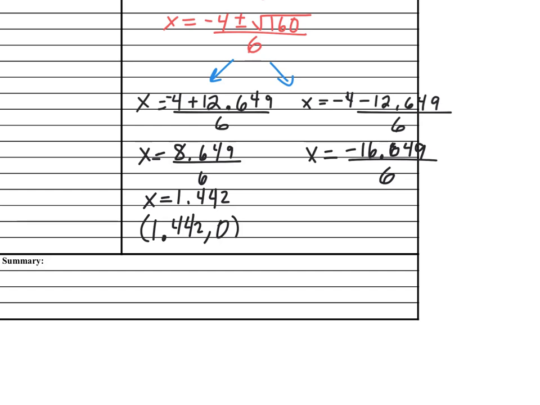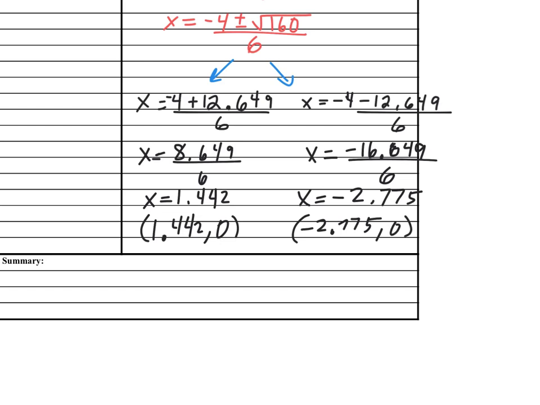And then the other one, what do we got? Whatever negative 16.649 divided by 6 is. Is it negative 2.775? Yeah, negative 2.775. Write that as a point.